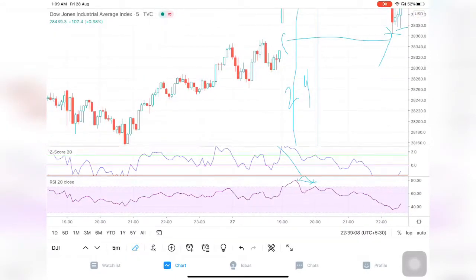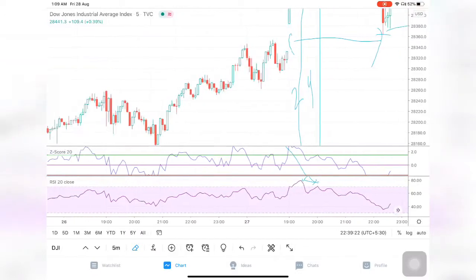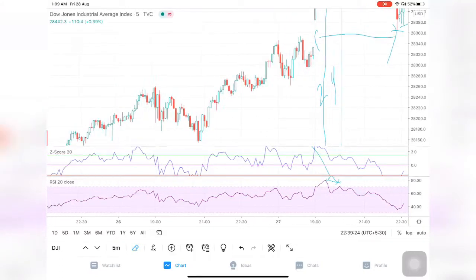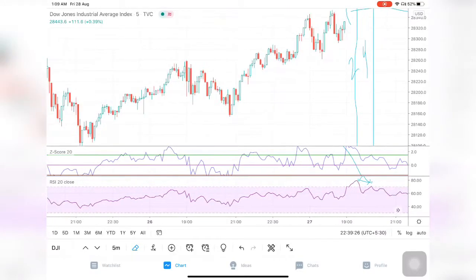Okay, one thing: don't do all these things towards the end of the market, because towards the end of the market it's not the same volatility as at the start of the market. The volume and volatility will be higher during the start of the market.